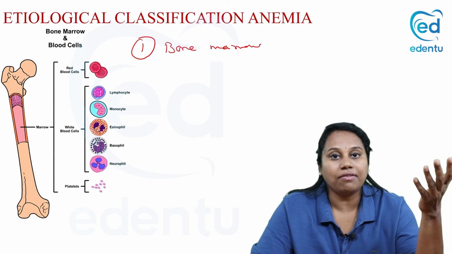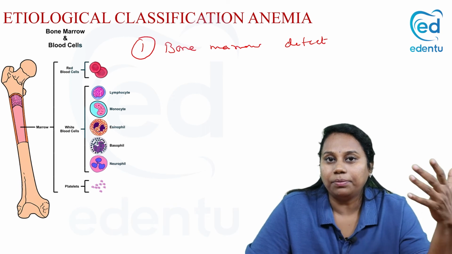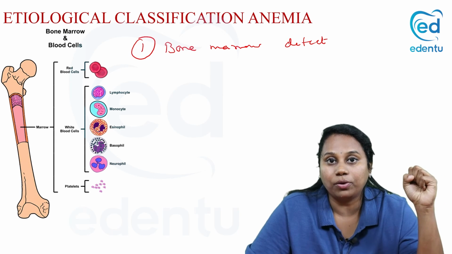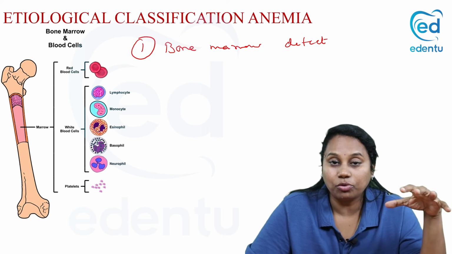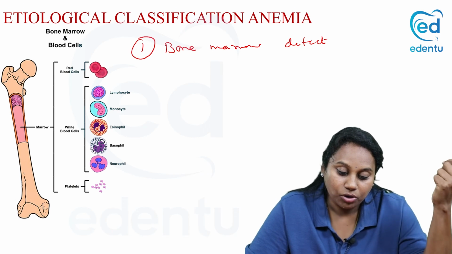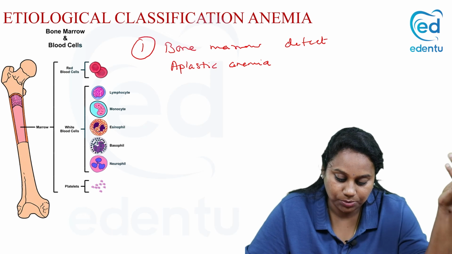So when can you have a defect in bone marrow? Any patients on chemotherapy or radiotherapy, this could damage the bone marrow, thereby resulting in bone marrow damage and anemia.